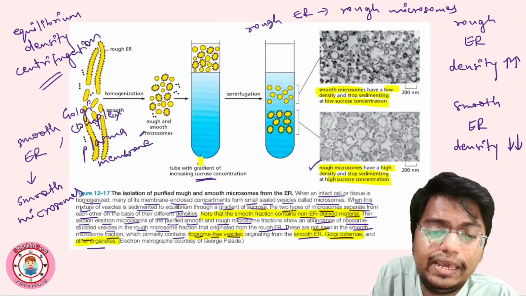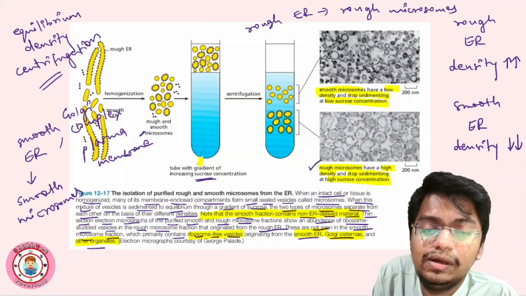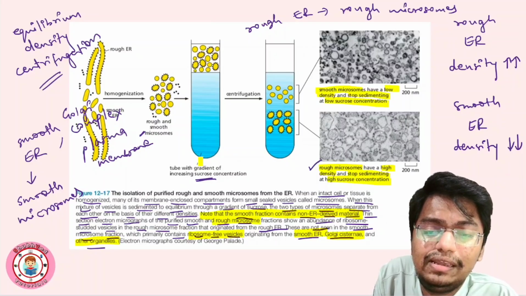Other organelles भी हैं, okay, but rough microsome is basically rough ER only. Rough microsome fraction that originated from rough ER.